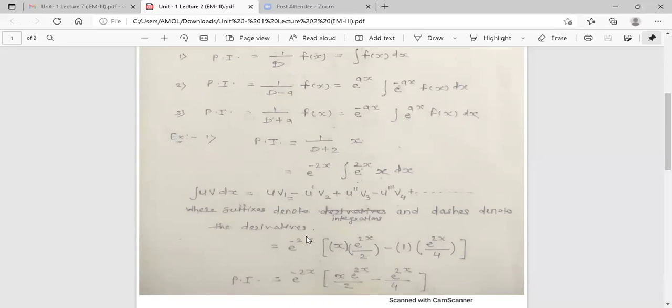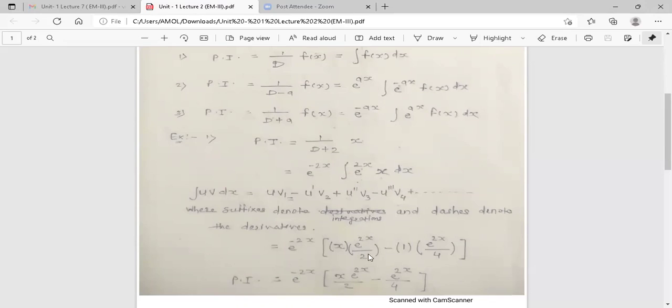U into v1, with this e to the power minus 2x as it is. U is here x, so write x as it is. v1 is the integration of e to the power 2x, which is e to the power 2x upon 2. Minus the second term, u dash v2. Now, u dash means the derivative of u. U is here x, the derivative of x is 1, so you write here 1. Then v2 means the integration of v1. v1 is here e to the power 2x by 2.